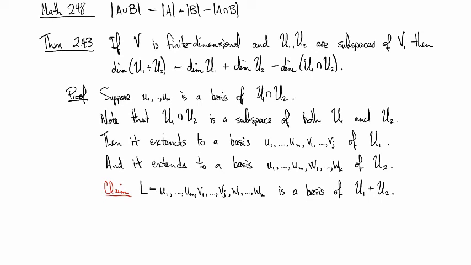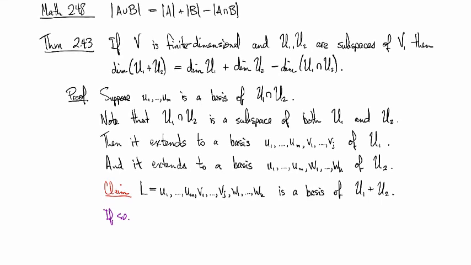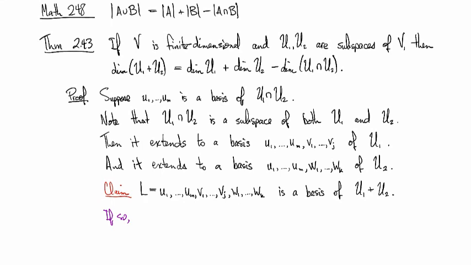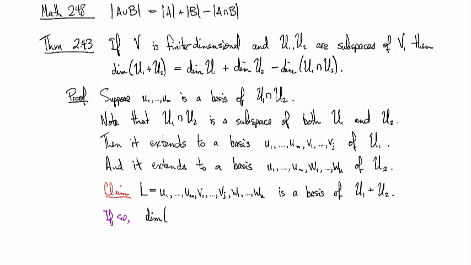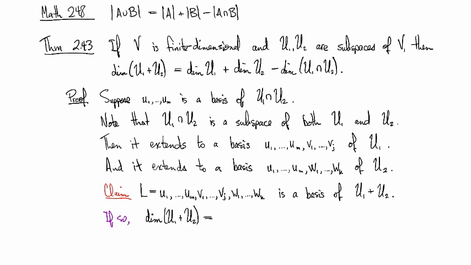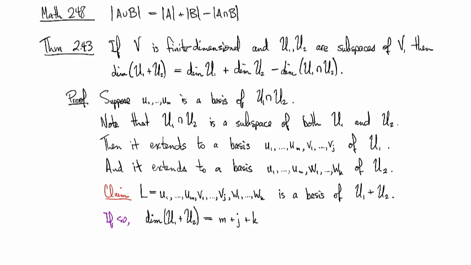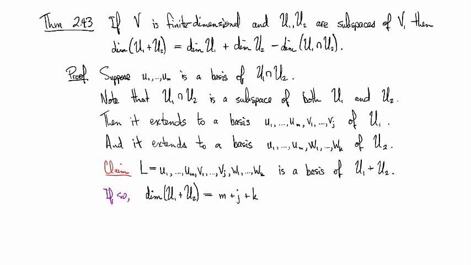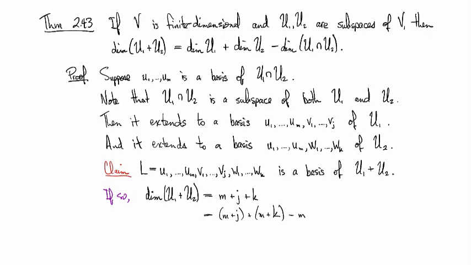If that claim has been proved, then what do we have? Then the dimension of U1 plus U2 is going to be, so how do you compute the dimension of a space? Well, you count its basis. So how many things are in there? Well, we've got m u's and then j v's and then k w's, right? And I can rewrite this as m plus j plus m plus k minus m, because all I've done is add and subtract these m's, which would cancel out.